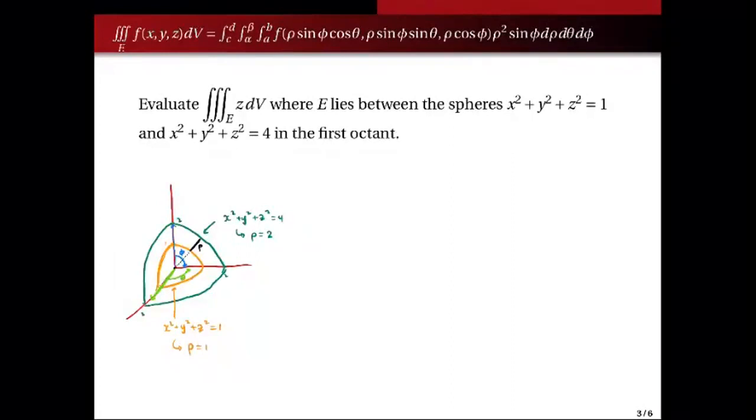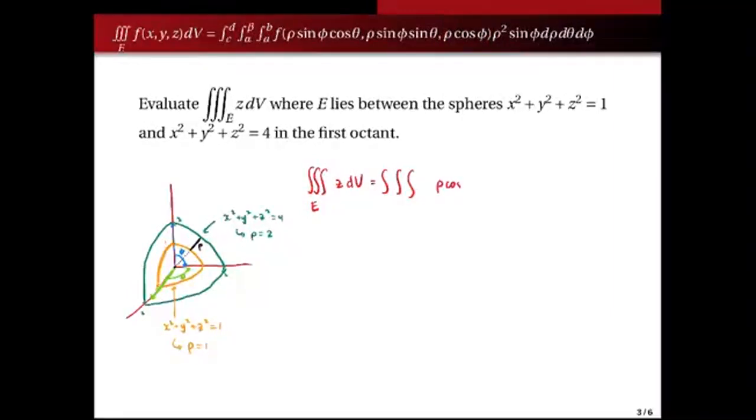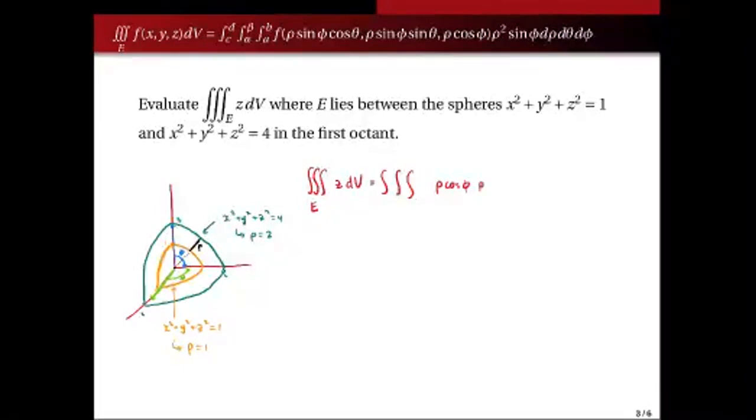Therefore, how do we convert this? So we have the triple integral over E of z dV. This will be the triple integral. Again, your z becomes rho cosine phi. The dV converts to rho squared sine phi, and then we have d rho d theta d phi.